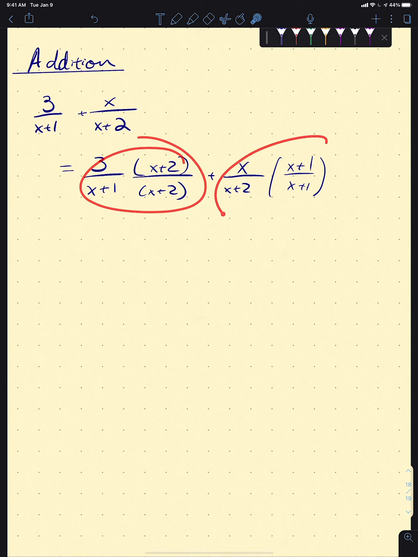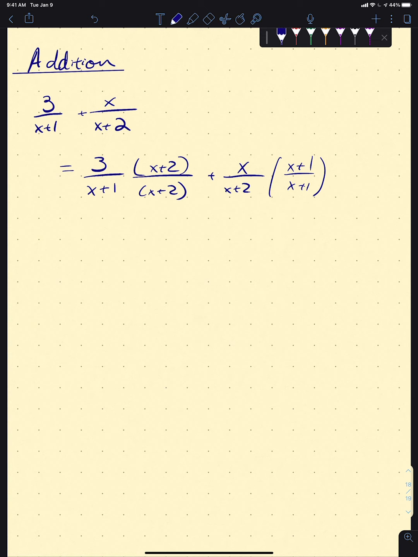Now we perform this internal multiplication before we add them. And we get 3x plus 6, I'll keep these two separate, x plus 1, x plus 2, plus x squared plus x over x plus 1, x plus 2.